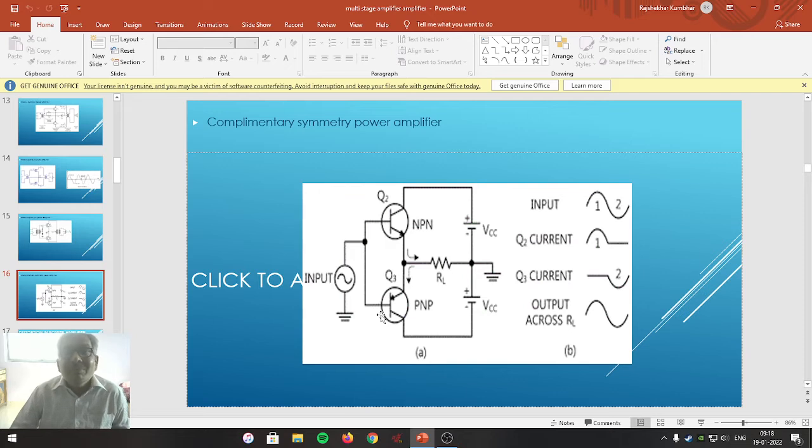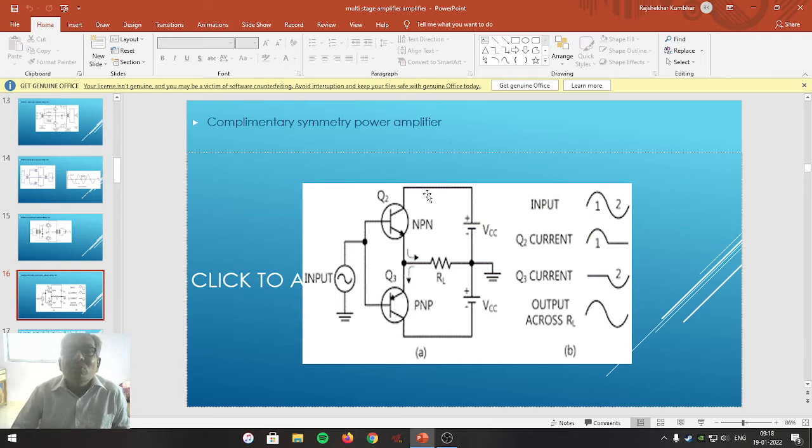So that's why the emitter base junction of transistor Q3, which is PNP, is now reverse biased. Under this condition, transistor Q3 remains cut off. It doesn't conduct the collector current.